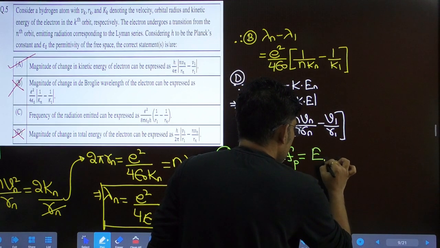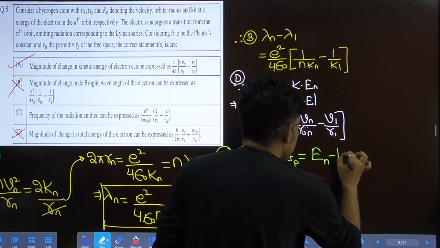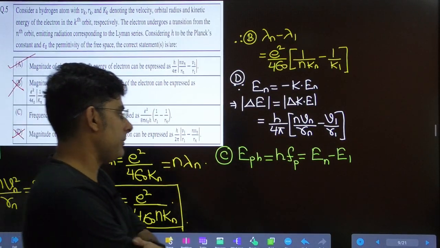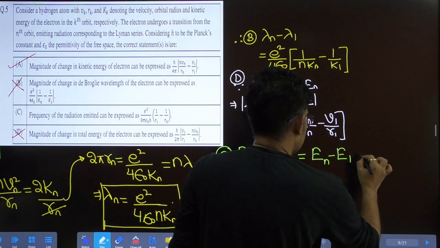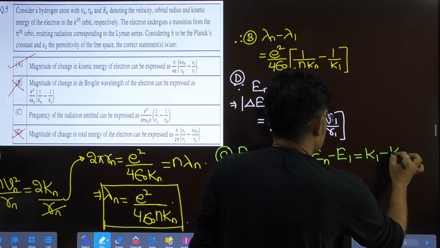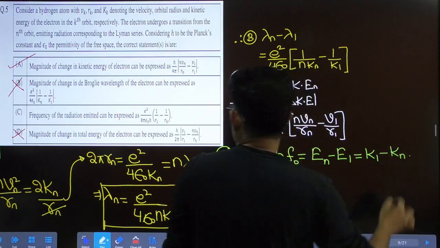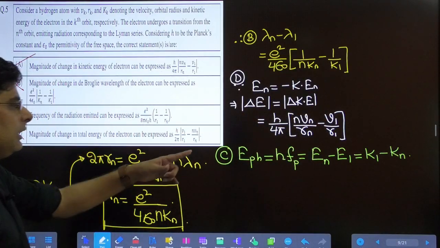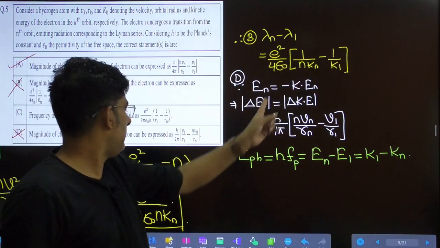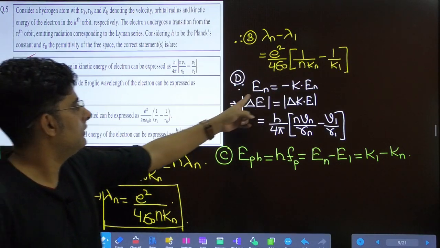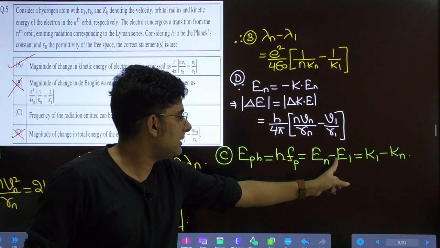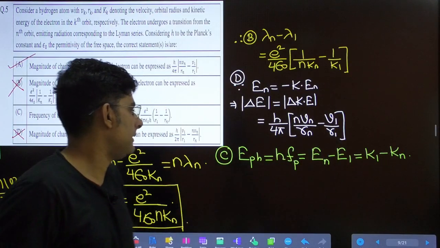So En minus E1. Now En minus E1 can be written as K1 minus Kn, because En is minus of K.